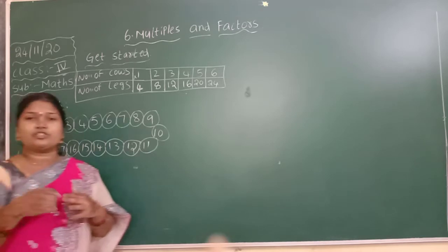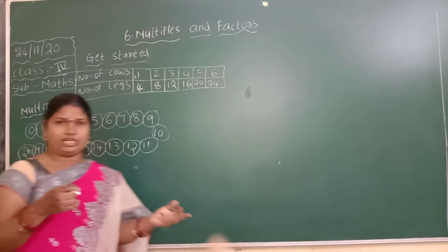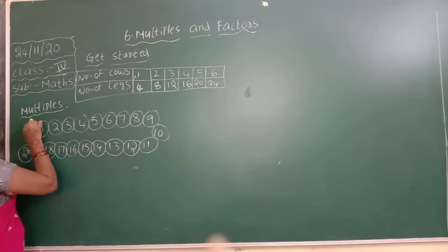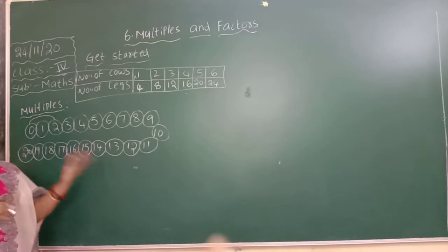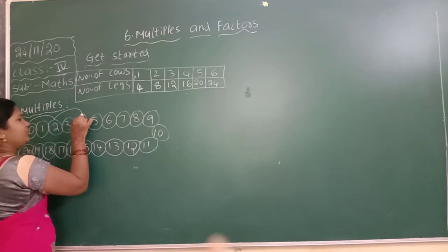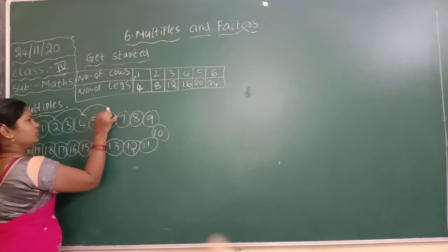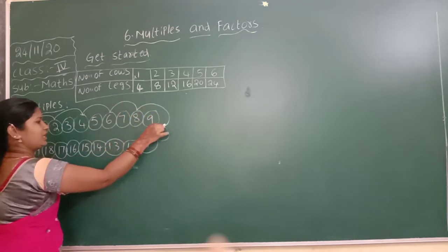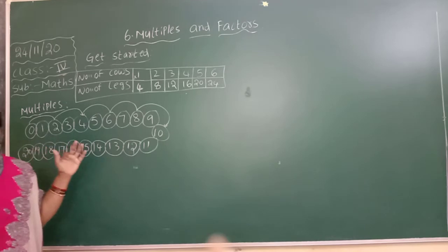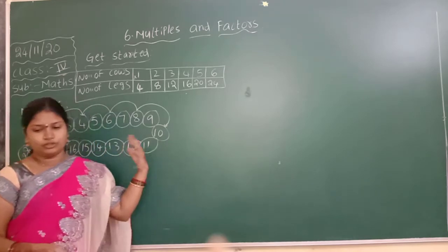The frog wants to jump every 2 steps from 0. 1, 2, here to here. Again the next 2 steps, 1, 2. Again 2 steps, 1, 2. This means the frog jumps every time in multiples of 2.